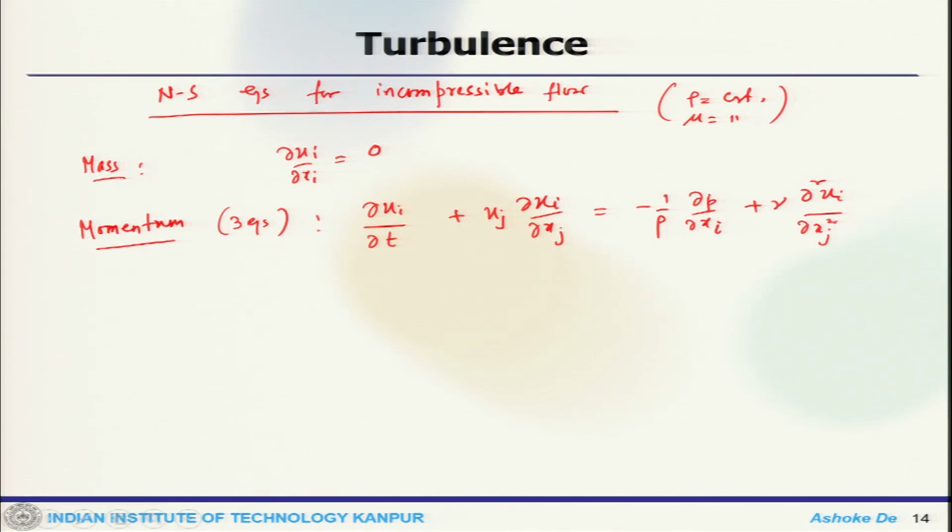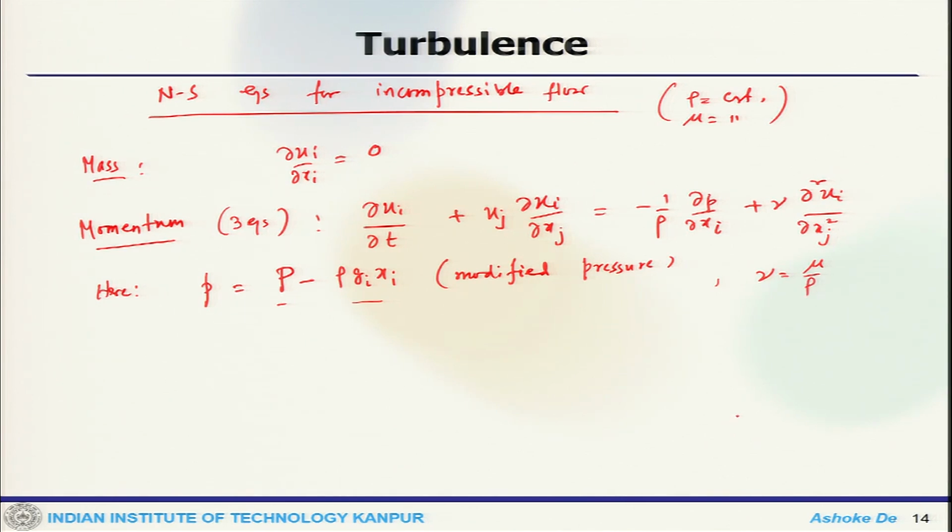So, that is my momentum conservation. Here small p is nothing but P minus rho gi xi. This is the so called modified pressure, so this is the pressure minus hydrostatic contribution, and nu is the kinematic viscosity, which is nothing but mu by rho.